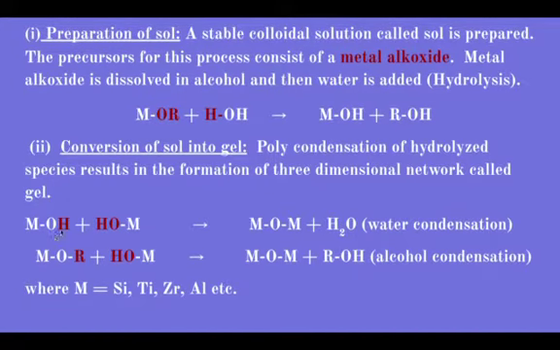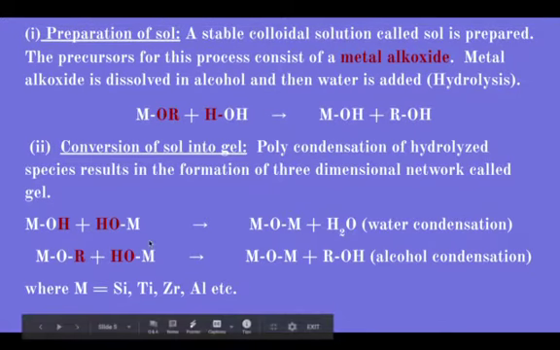Metal hydroxide can condense with other metal hydroxide molecules, whereby hydrogen of one metal hydroxide and the hydroxyl group of the other metal hydroxide combine and form water, and the remaining is MOM. So MOM plus water. Since a water molecule is released, it is called water condensation.